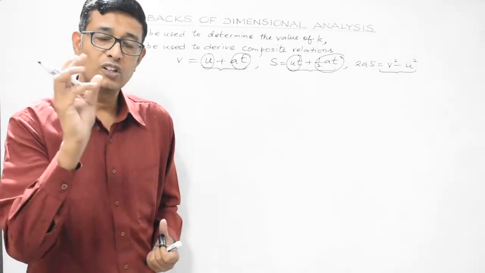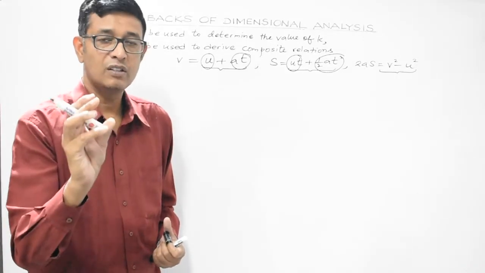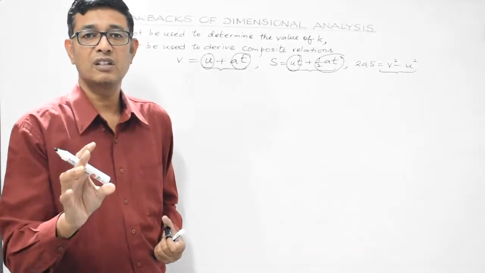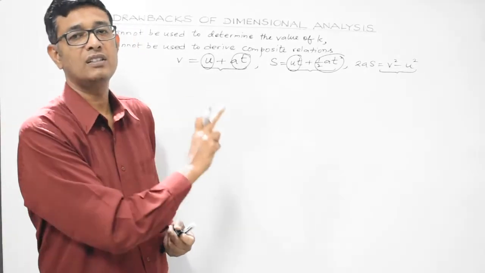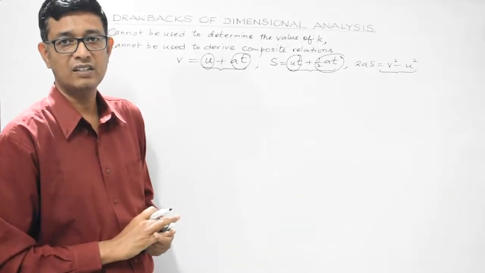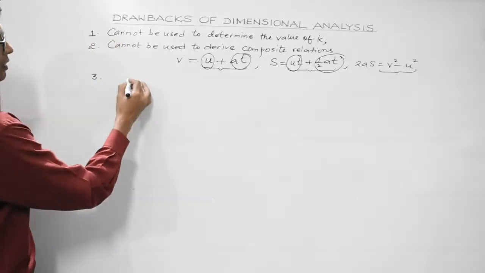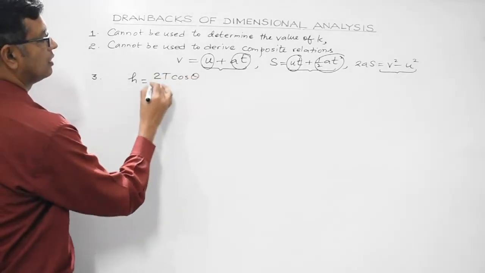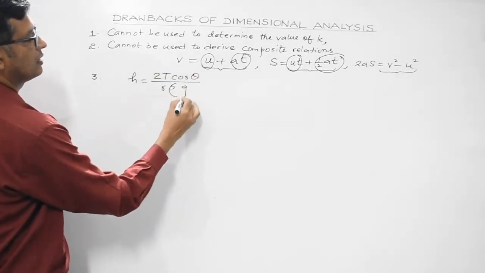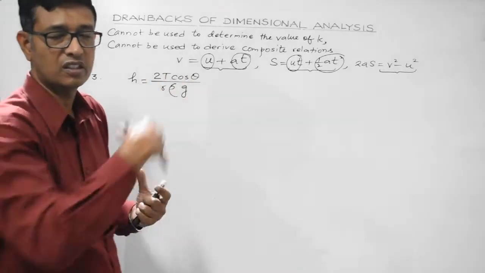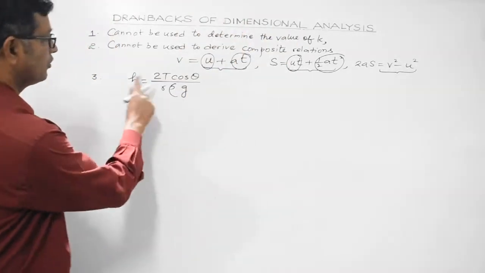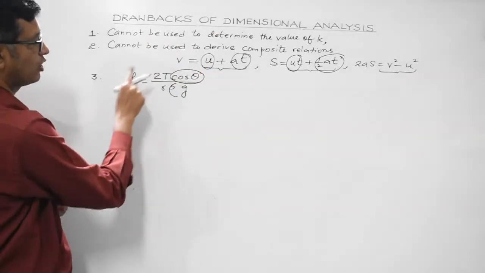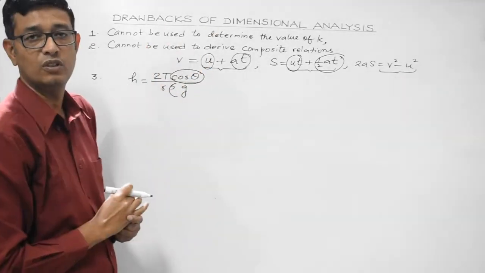So all those relations involving logarithmic, trigonometric or exponential functions can't be derived using dimensional analysis, right? Like the ascent formula, it's given by 2T cos theta divided by r rho g. This is one of the formulas which we'll study later on. So this formula involves a trigonometric function. So dimensional analysis cannot be used to derive this particular formula.